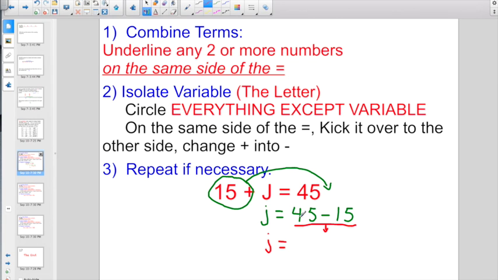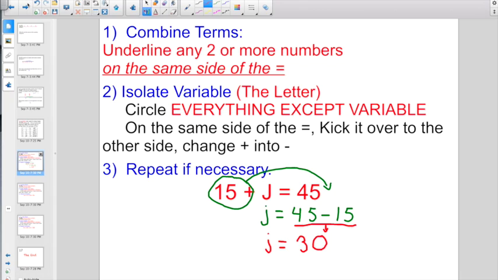I don't want to write that over again. I want to combine these terms. What is 45 minus 15? Hopefully you know that would be 30. So I just bring down the answer instead of rewriting the numbers, and I know J equals 30.